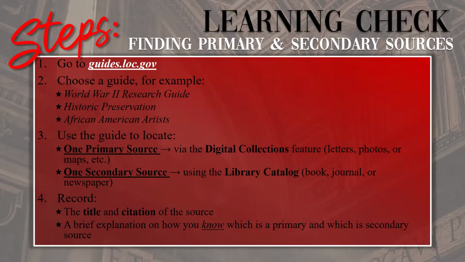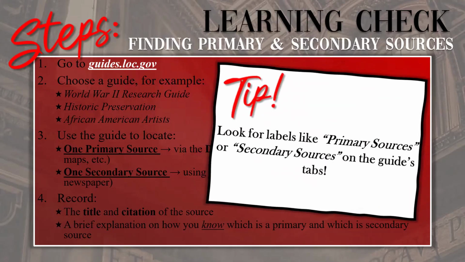But for a little bit extra, you could try both formats and then record the title and citation of the source, as well as a brief explanation of how you were able to identify what was a primary and what was a secondary source. And a little tip, the research guides do have little indicators on primary and secondary sources on the tabs. So it helps you out a little bit if you need a little assistance.